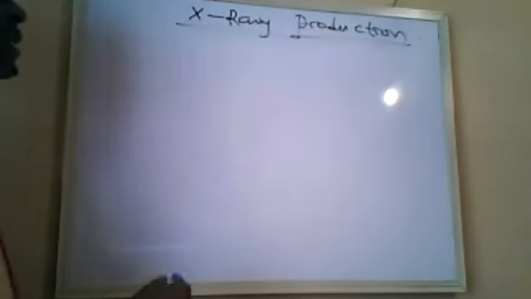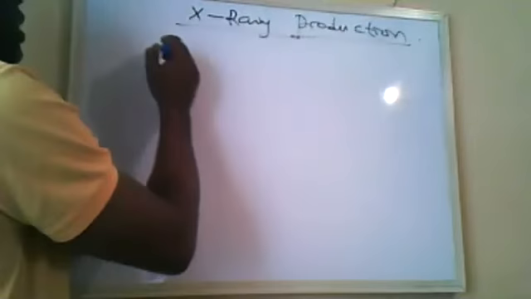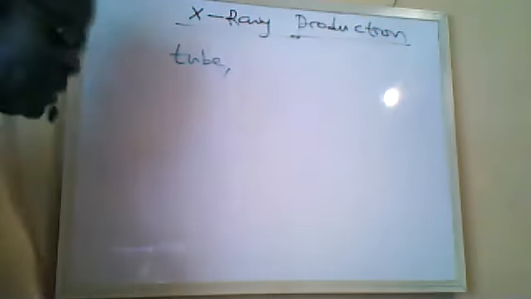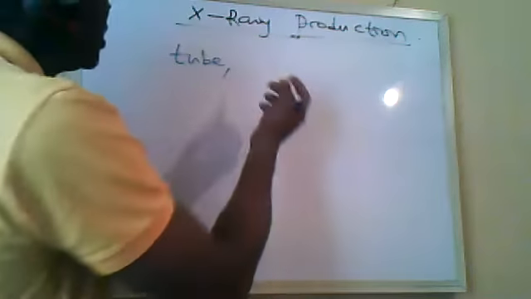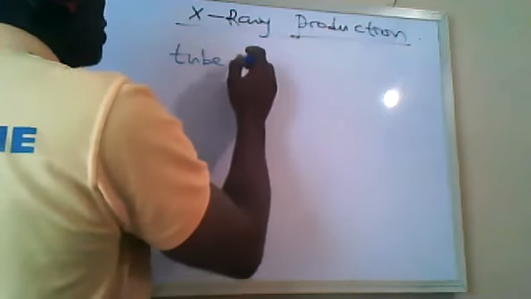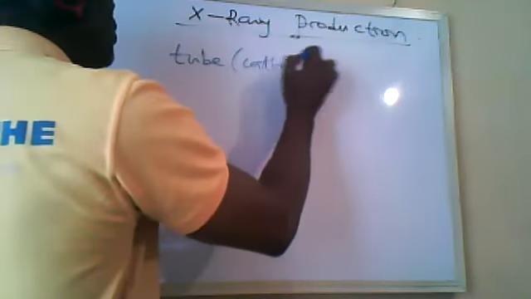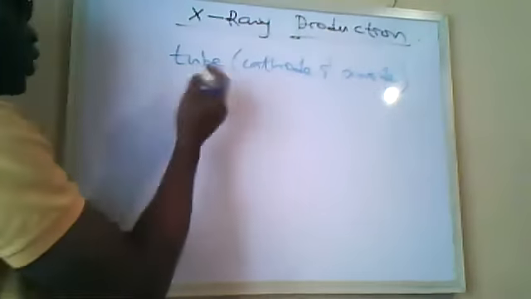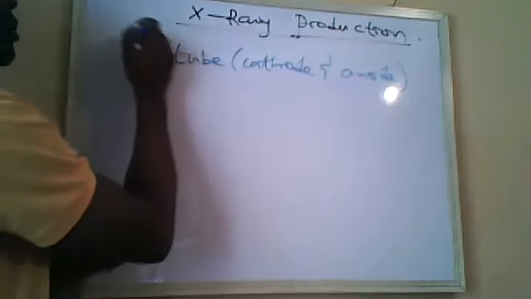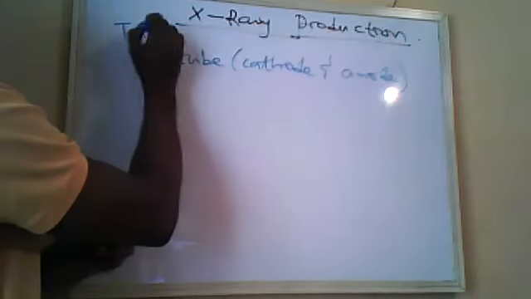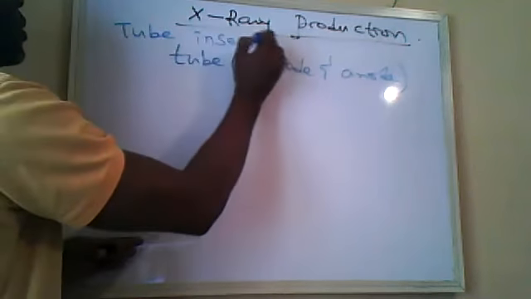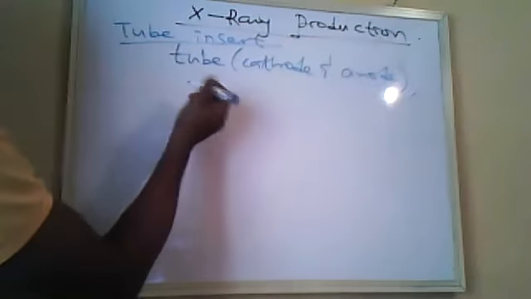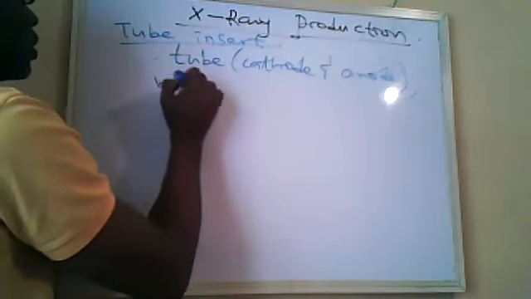The tube insert, like we said last time, comprises both the cathode and the anode, and the output window.